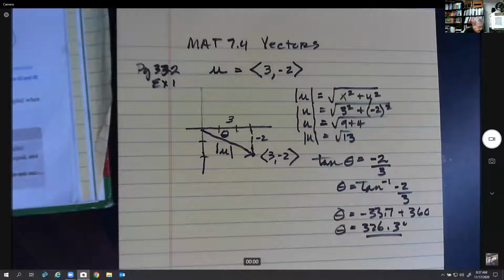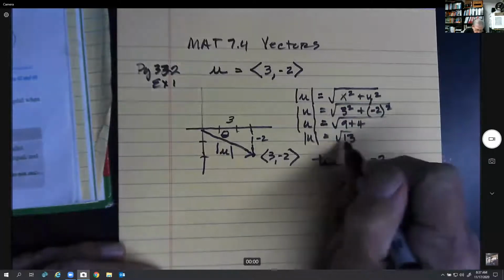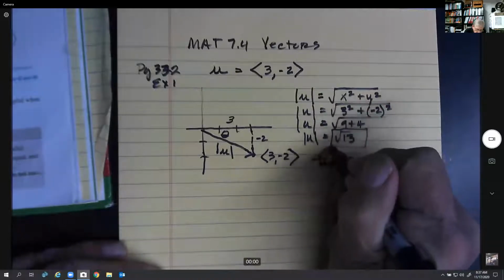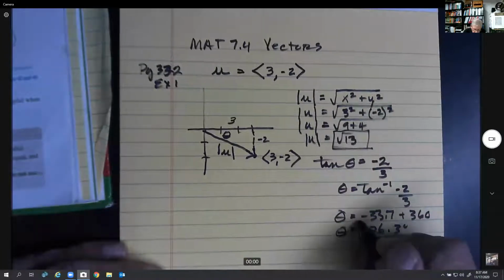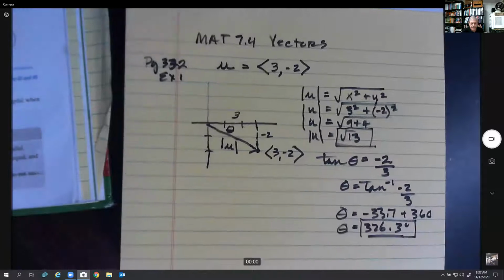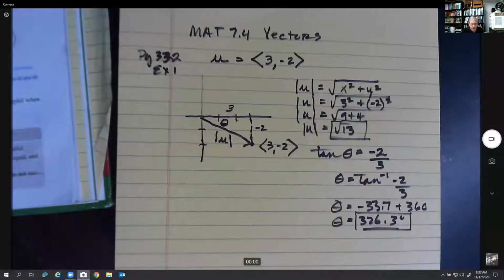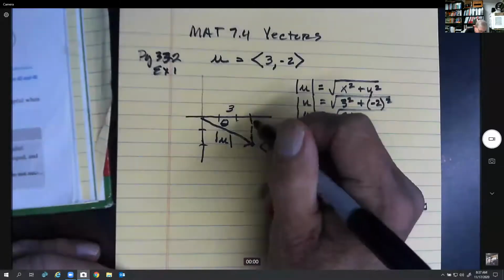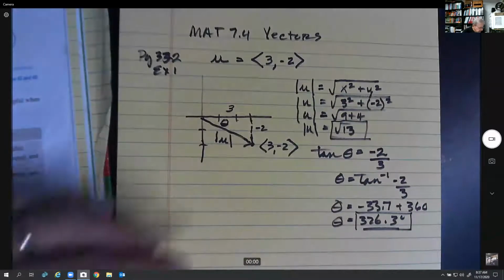So there we have it. We have the magnitude and we have the angle. Here's your magnitude and here's your angle. Okay, so that's all there was to it. You can make it all complicated, but that's basically using the Pythagorean theorem, providing this forms a right angle.